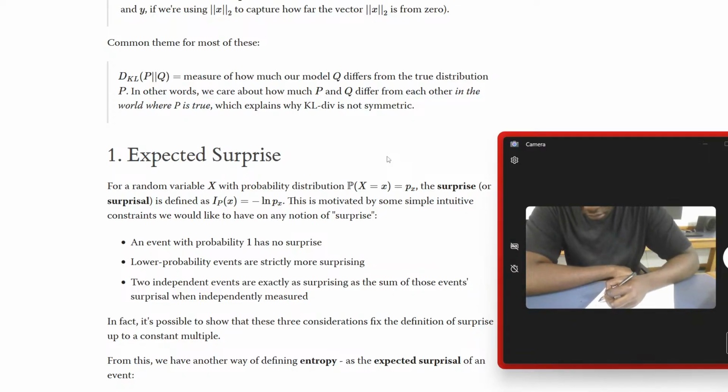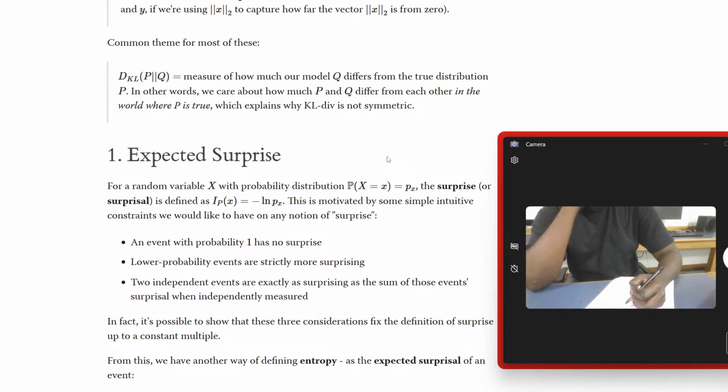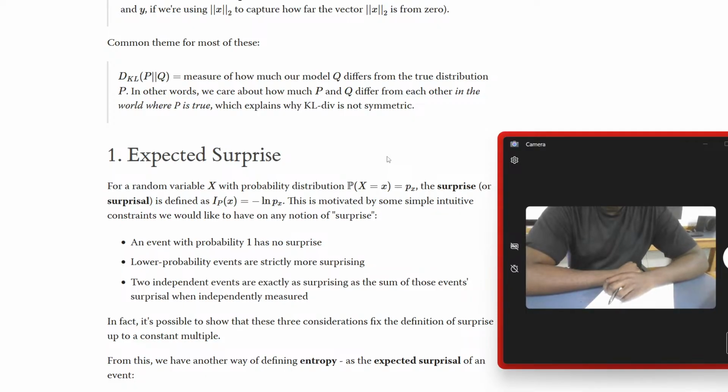Then IP of x plus IP beta, what can we say about this? It equals IP of x plus beta, assuming they're independent.